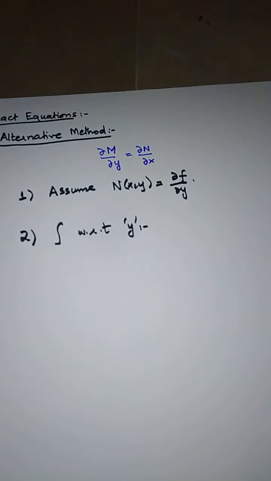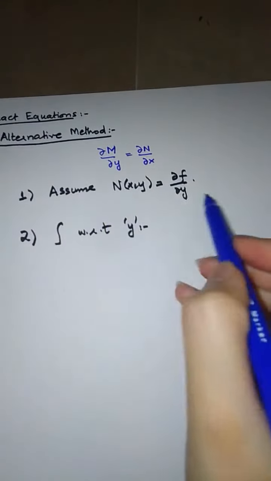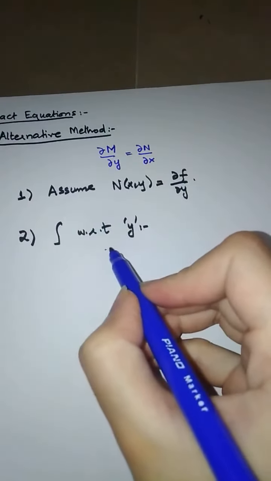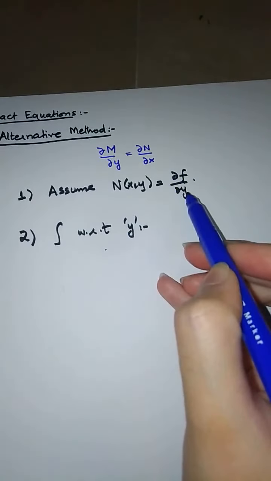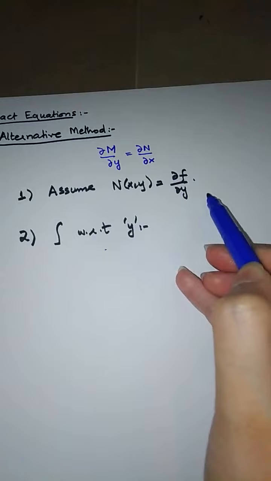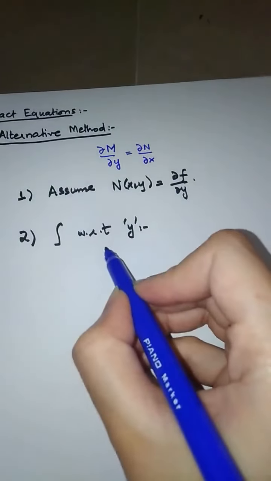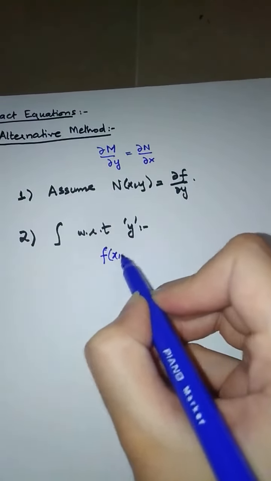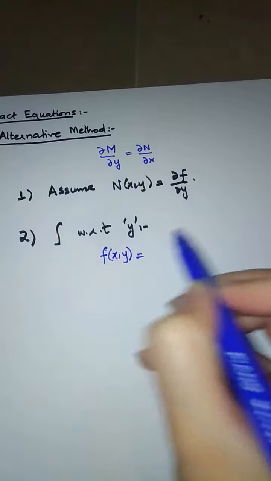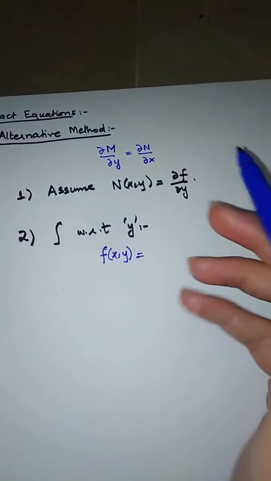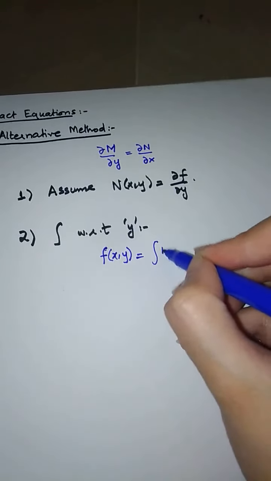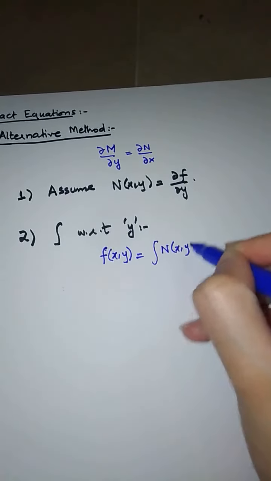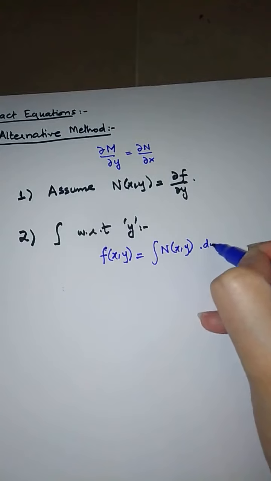So what it becomes here, on the left hand side, when it is a partial derivative with respect to y and it is integrated with respect to y, it is left with only the function f(x,y). On the right hand side it's not a specific function, so I am writing it the same, N(x,y), and we integrate it with respect to y.